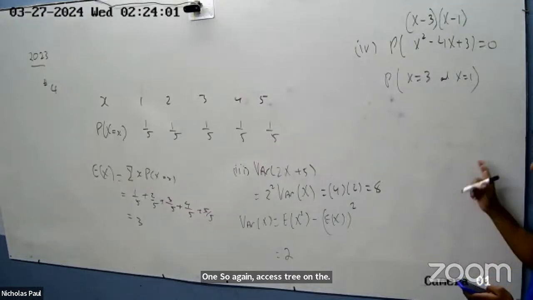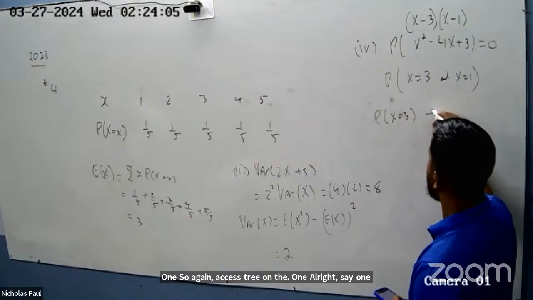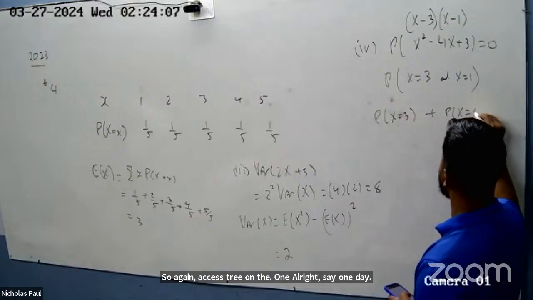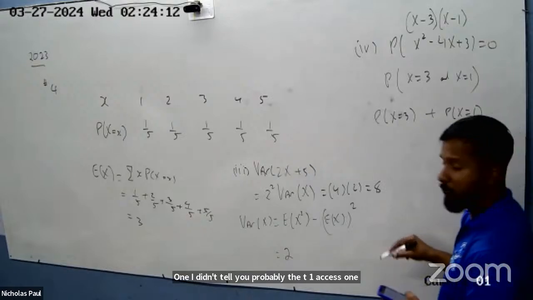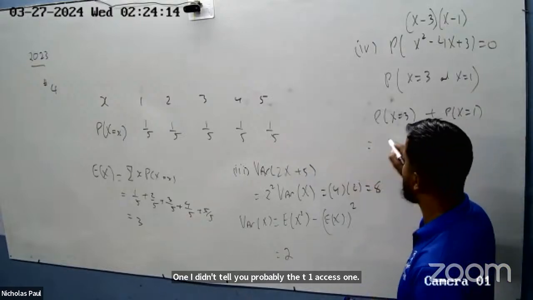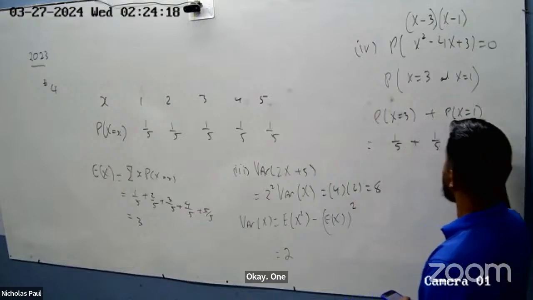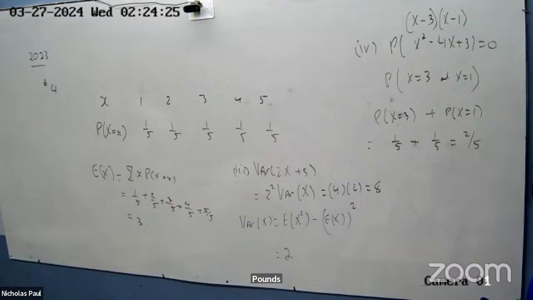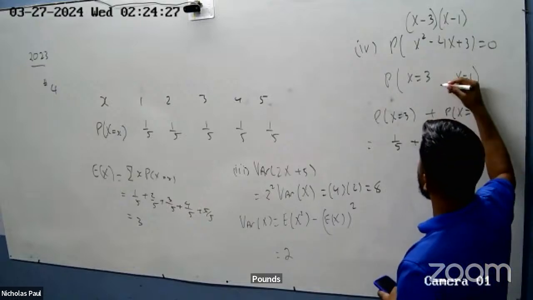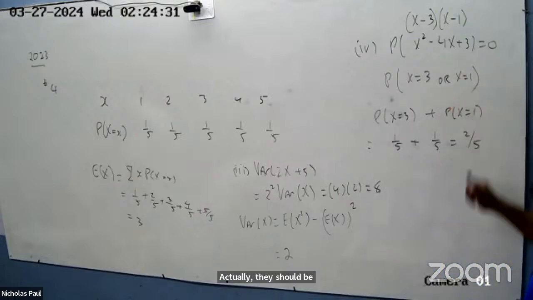So you want the probability when x is 3 added to the probability when x is 1. The probability when x is 3 is 1/5, x is 1 is 1/5. So that's 2/5. Actually, this should be 4. The solution is this or this.